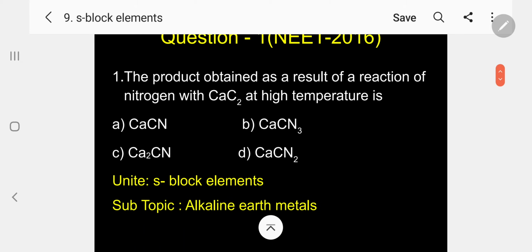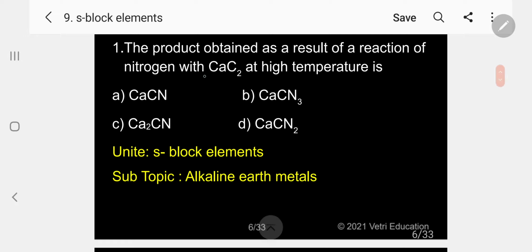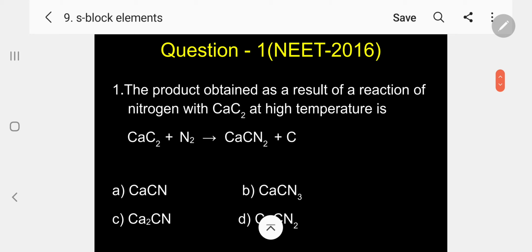So this is the question asked under the S block element, specifically alkaline earth metals. Please follow. So let me write the reaction. What is happening here? This is a very simple reaction. When you treat calcium carbide with nitrogen at high temperature, CaCN2 is forming, and carbon is produced.